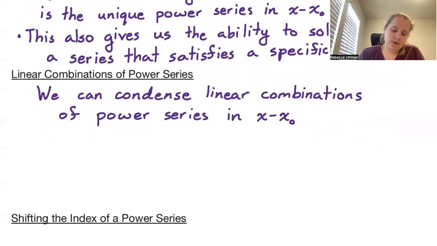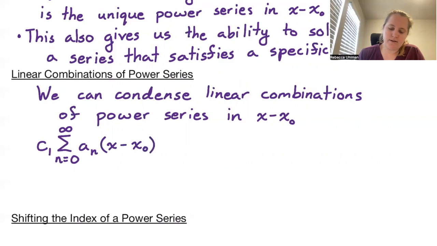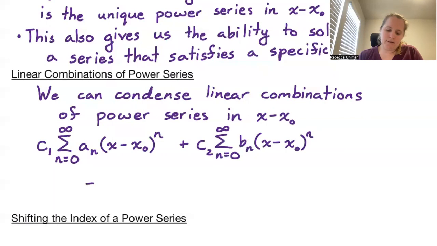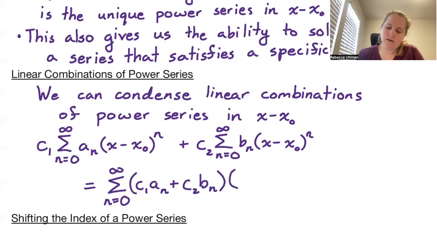So if we have C1 times the sum from n equals 0 to infinity of a sub n times (x minus x naught) to the n, plus C2 times the sum from n equals 0 to infinity of b sub n times (x minus x naught) to the n, then this is equal to the sum from n equals 0 to infinity of (C1 times a_n plus C2 times b_n), all times (x minus x naught) to the n.